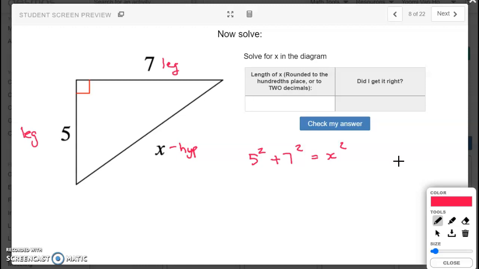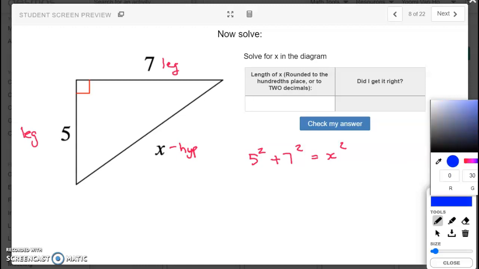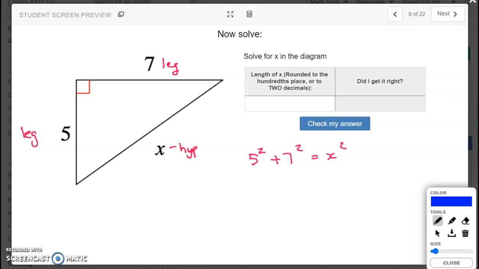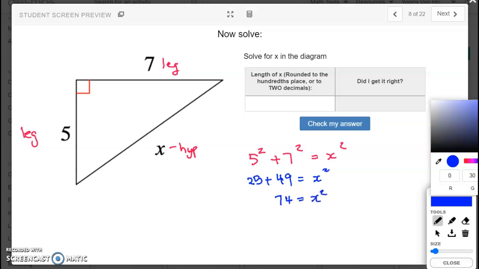Okay, so then from here, I need to evaluate the square exponents. 5 squared is 25. 7 squared is 49. That is equal to x squared. 25 plus 49: 5 plus 9 is 14, 2 plus 4 is 6, 6 plus 1 is 7, so 74 is equal to x squared. So now I have x squared is equal to 74.